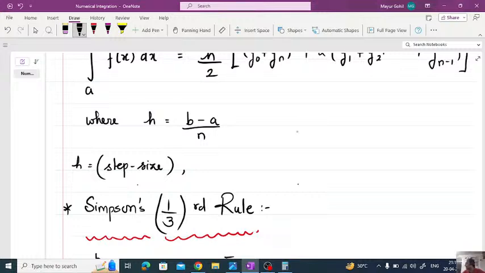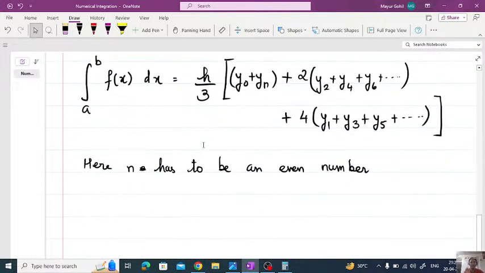The trapezoidal rule is very popular. But here n has to be an even number. This is one very important thing.